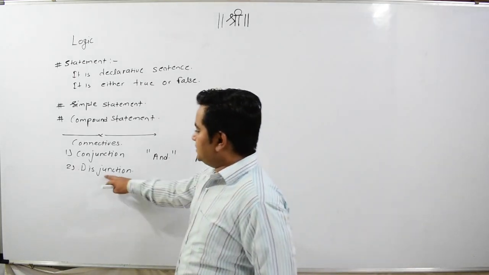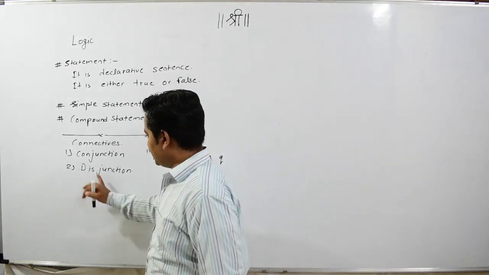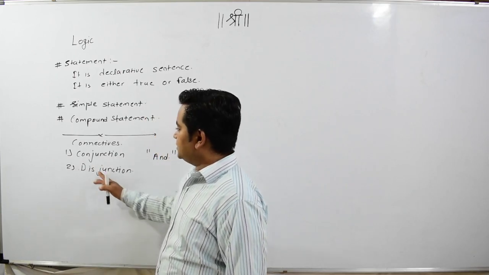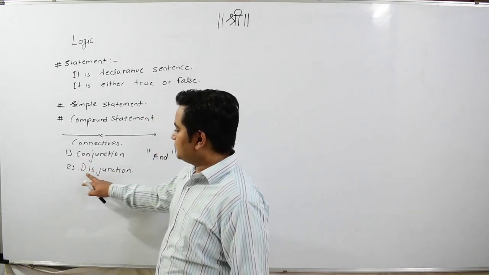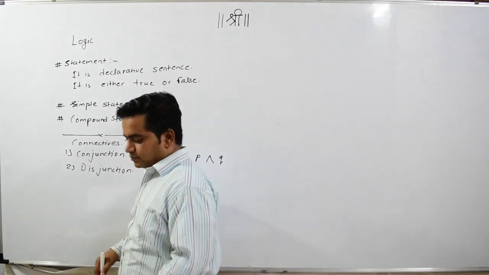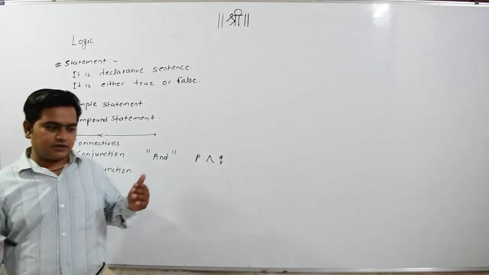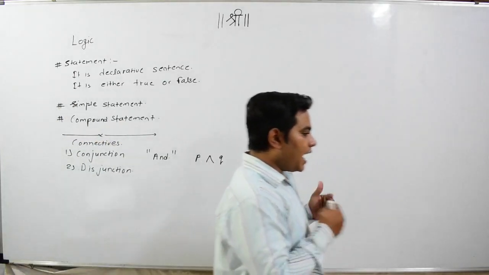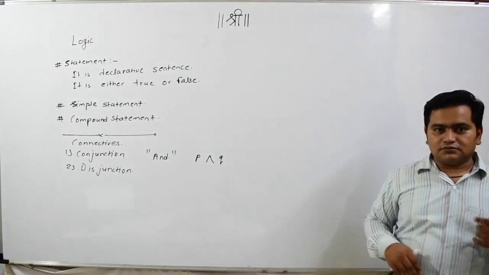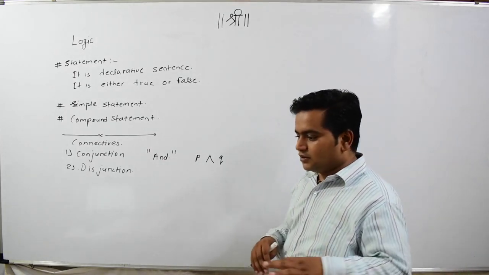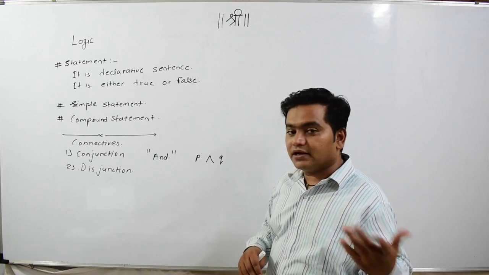I write disjunction separately over here. Why? Because here is conjunction, and here is disjunction. Disjunction simply indicates that two statements are together but they don't have any kind of dependency on each other.